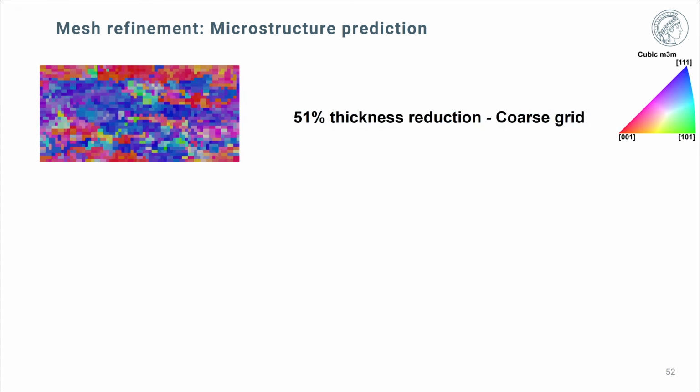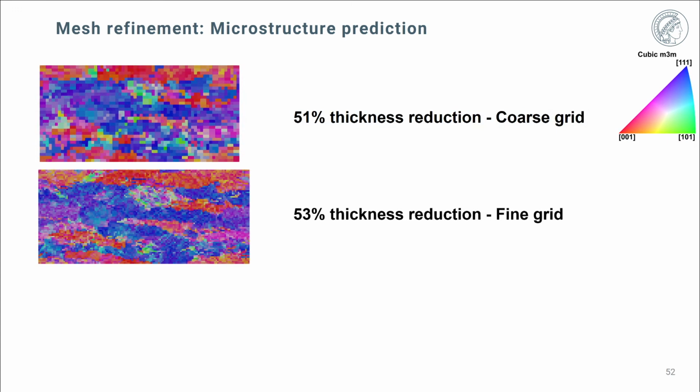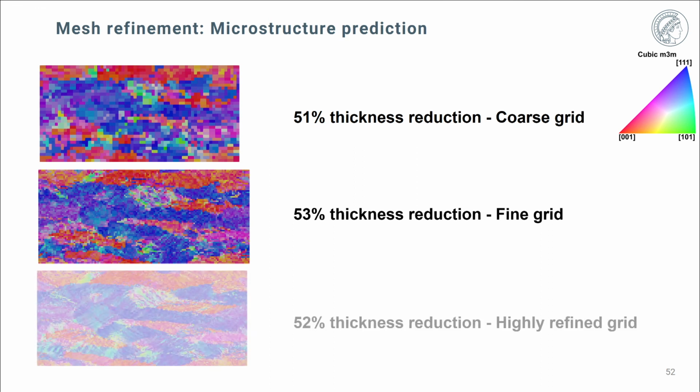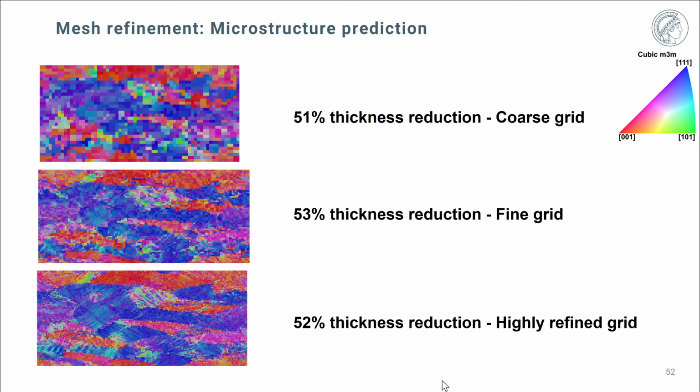And when we subject these different simulation boxes to a thickness reduction of about 50%, then you see that already in the highly refined grid, you see much finer details, of course, inside of the individual crystals emerging than compared, of course, to the coarse grid.